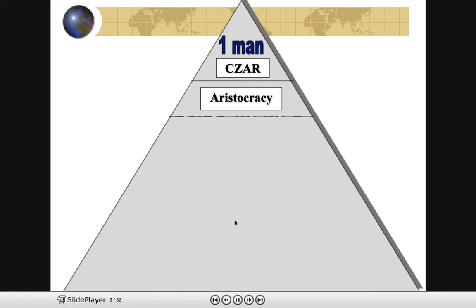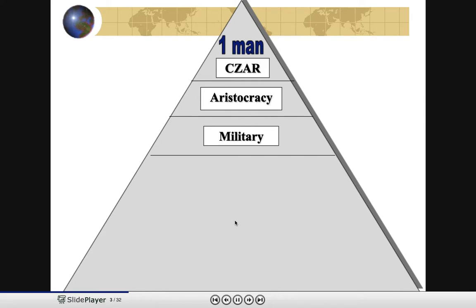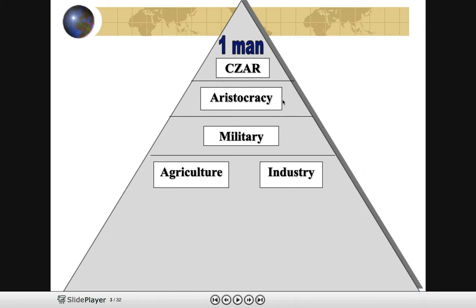So with the Tsar, one man's in charge. Next for the power would be the aristocracy. You can see that would be the rich people who held a lot of money, wealth, and power. Beneath them would be the military. The military is pretty powerful.